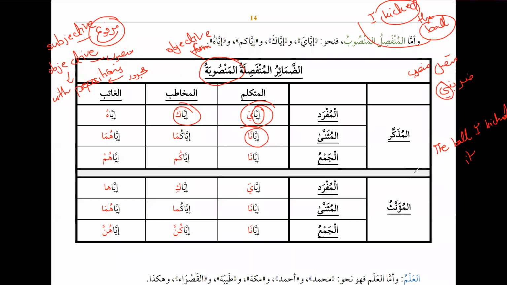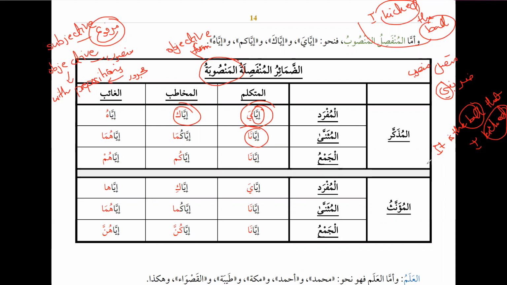You want to mention the object before it, or you want to say in English, it is the ball that I kicked. So you mentioned the object before the word, right?